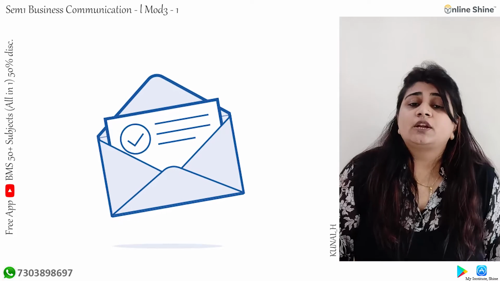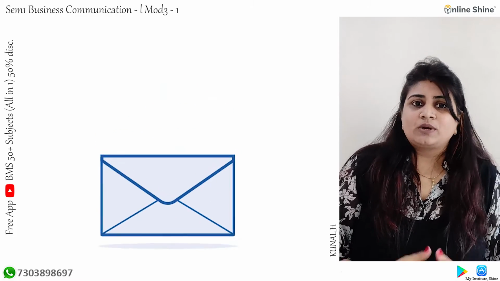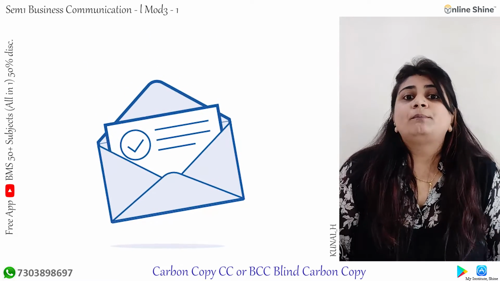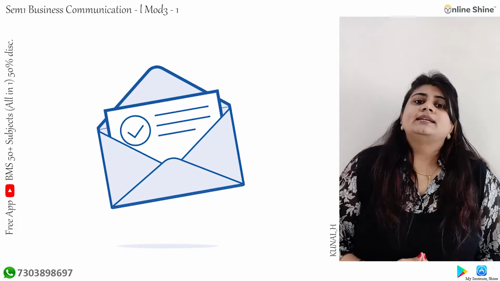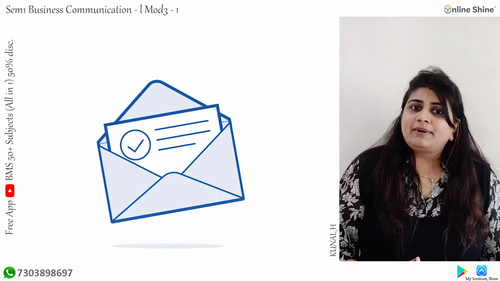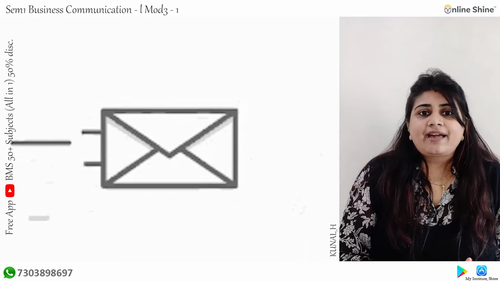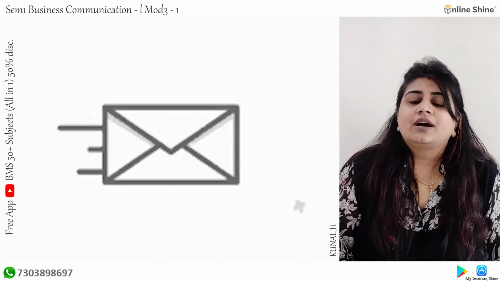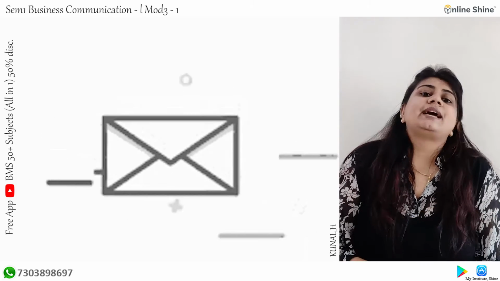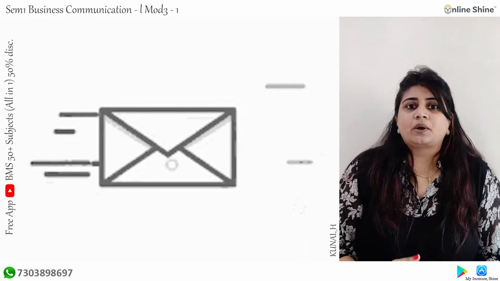Then after the enclosures, we use what is famously known as carbon copy, CC, or BCC, blind carbon copy. Now, carbon copy basically comes from the earlier days when we didn't have computers or emails to send multiple copies at one point in time.